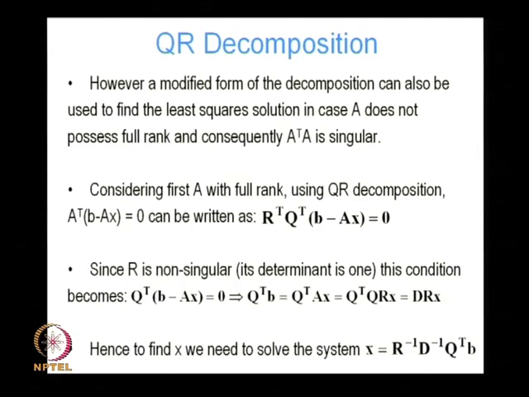So, we are going to continue with our discussion on QR decomposition next class, and following that we are going to talk about some iterative methods for solving the eigenvalue problem. So, the eigenvalue problem in civil engineering, or for that matter any field of engineering, everyone has to encounter at some time, because it is too important.